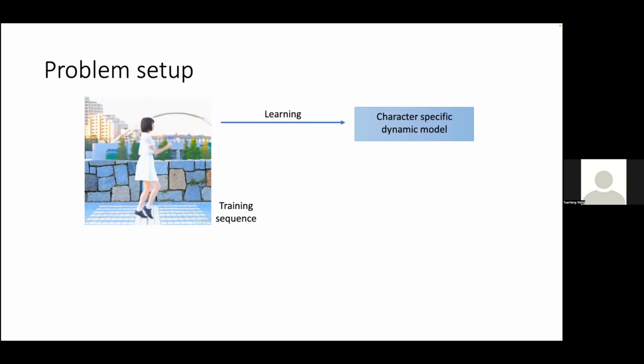So let me first explain our topic today. We're talking about synthesizing dynamic human appearance. A typical problem setup starts from a training sequence, for example, someone uploaded a video, and you can see a girl is dancing. You would like to learn a character-specific dynamic model to capture the appearance.